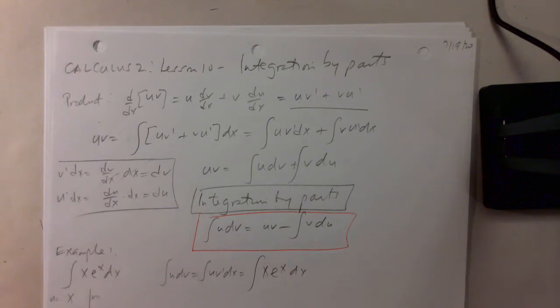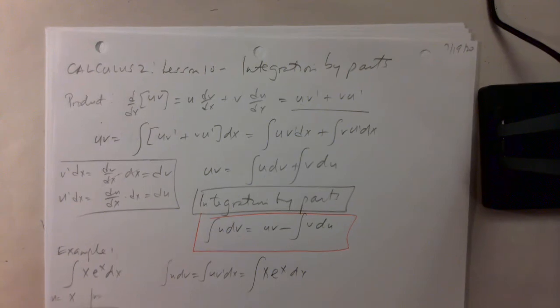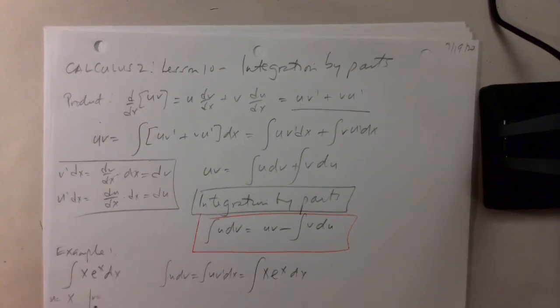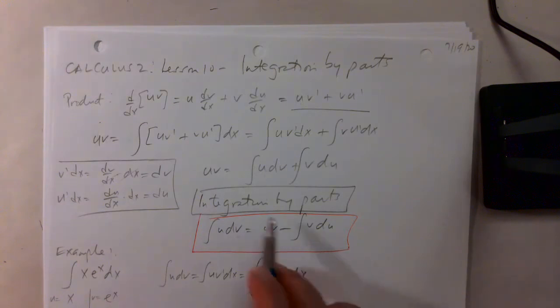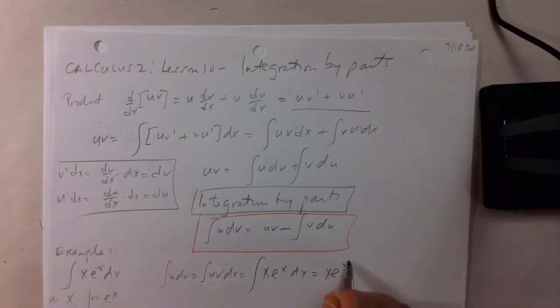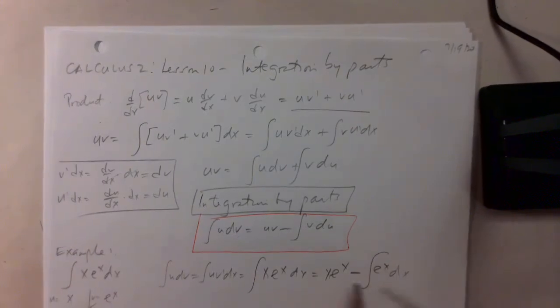Now, if u is equal to x, u prime is 1. If v prime is e to the x, the antiderivative is just e to the x. So by our formula, this is going to equal u times v, x e to the x, minus the integral of v u prime, e to the x dx.